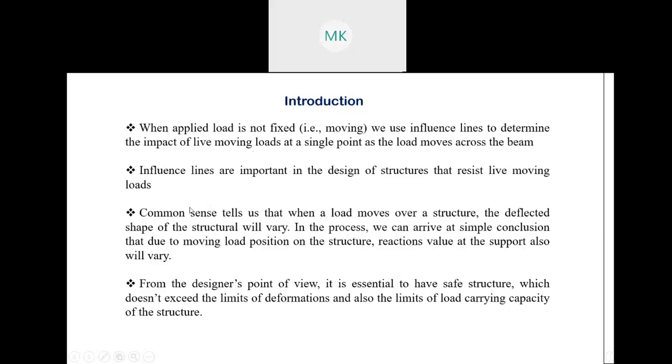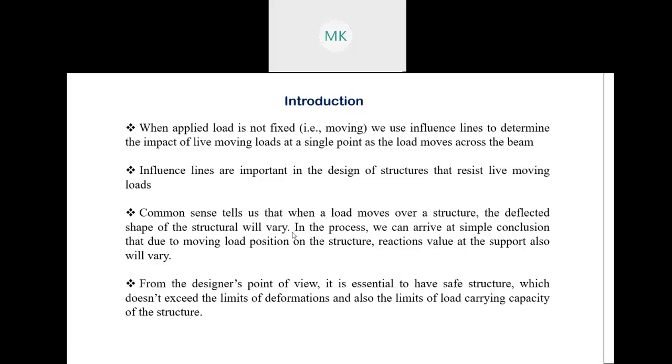Okay. So common sense tells us that when a load moves over a structure, the deflected shape of the structure will vary as the load moves from the starting point to the end point. So it will not be fixed. Okay, it is not exactly the same. It may vary as per the load. If it is, say, a bridge, and a vehicle is moving from one side to another, then as per the movement of that vehicle, the load varies.